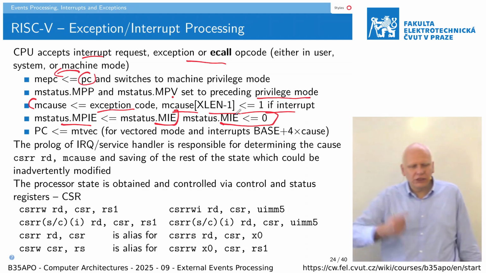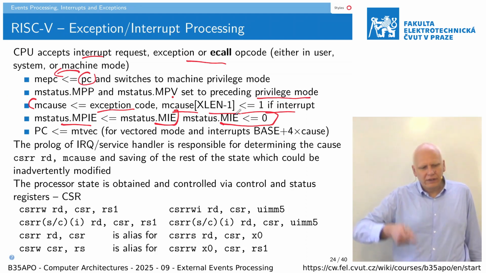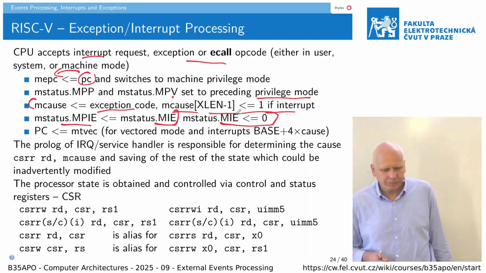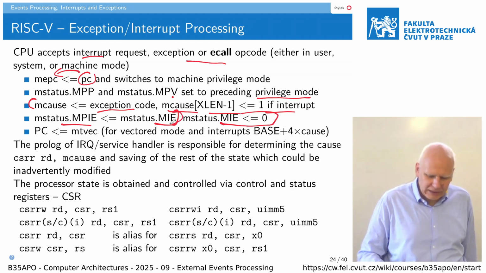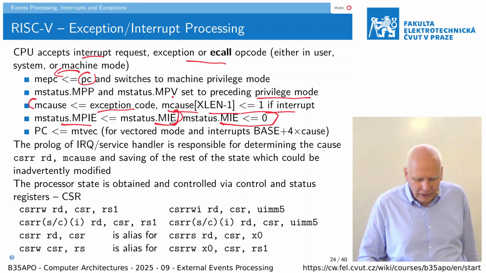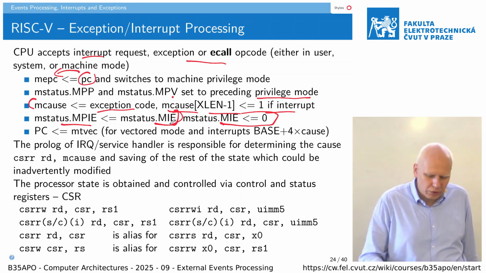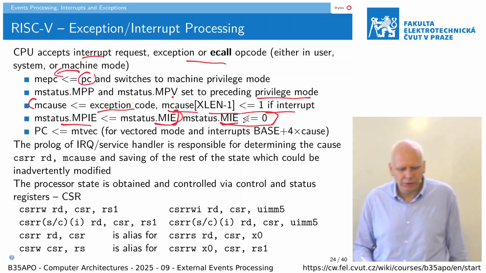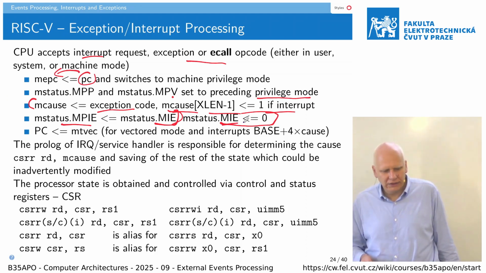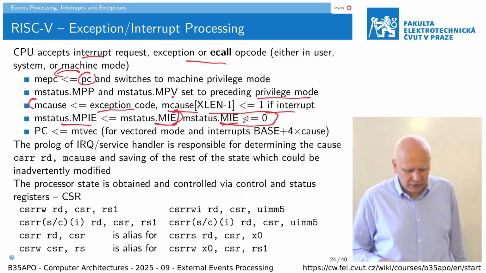So it ensures that you do not have a recursion of the interrupts. Basically, when you accept and start processing, then you have some time until you enable interrupts again where you are sure that the processor doesn't start some other interrupt.